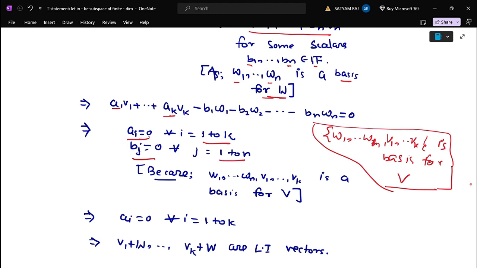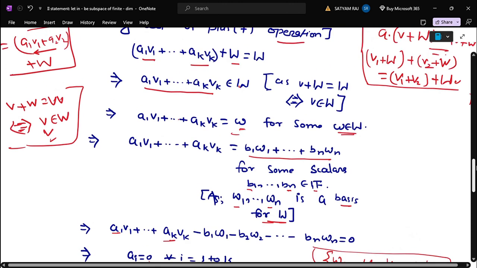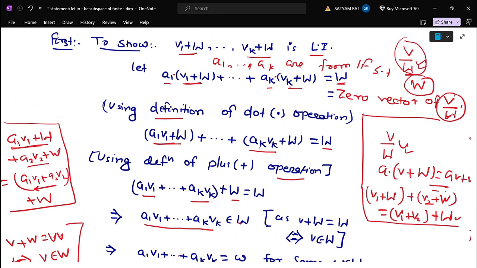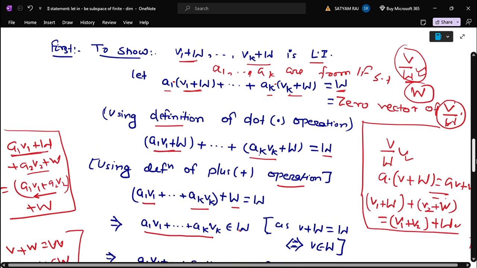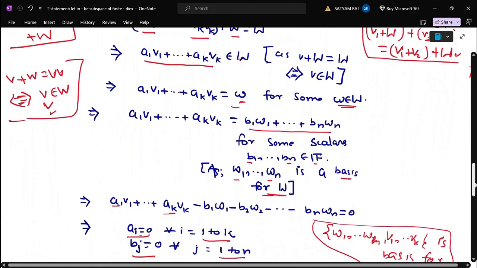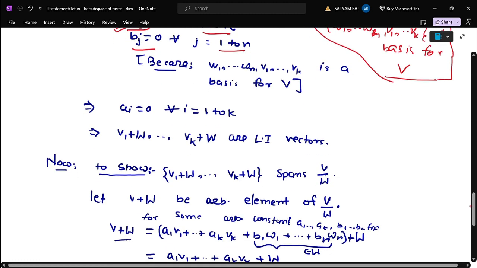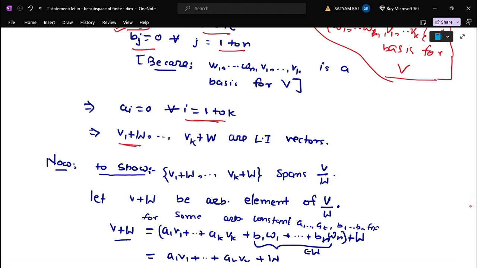Our aim was to show ai is equal to 0, because we are going to prove that v1 + W, ..., vk + W are linearly independent vectors. So ai is equal to 0 for all i from 1 to k. It means that v1 + W, ..., vk + W are linearly independent vectors.